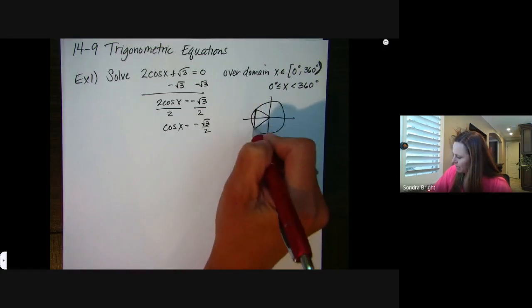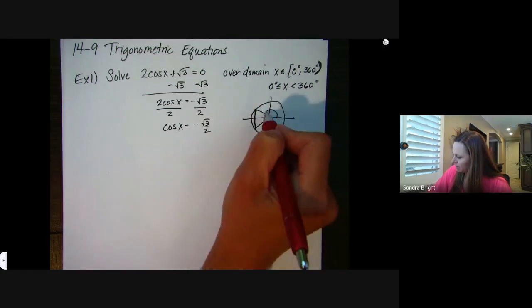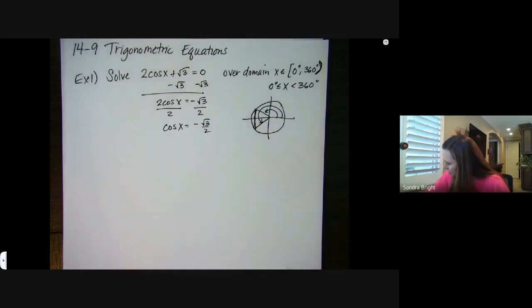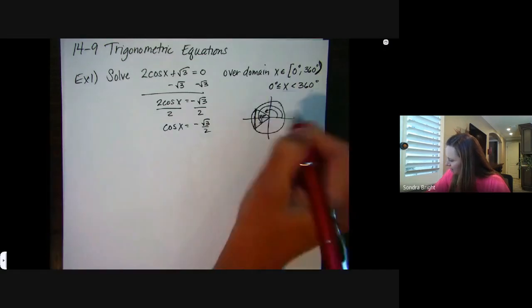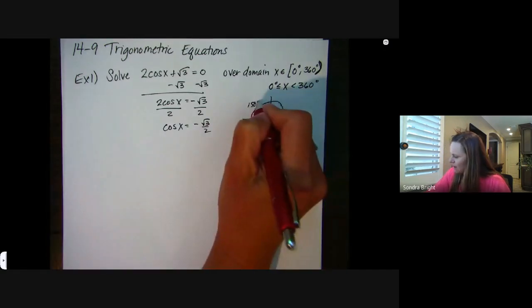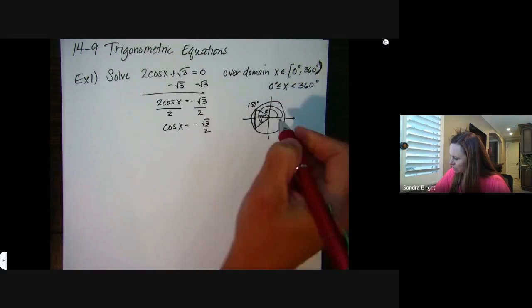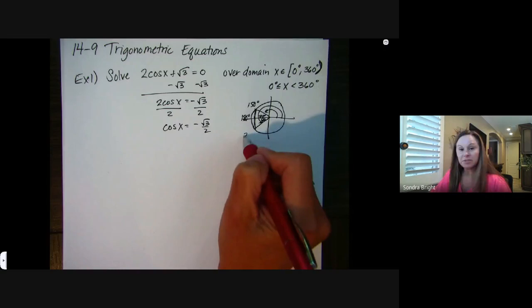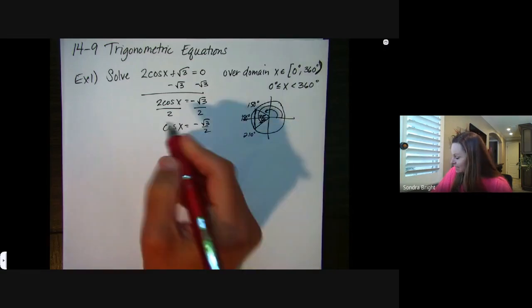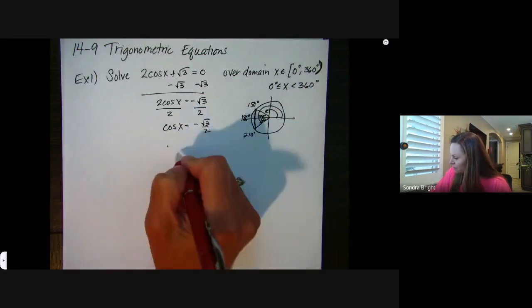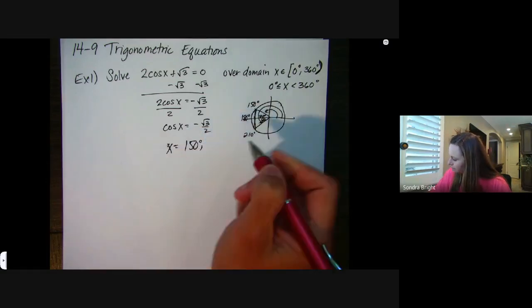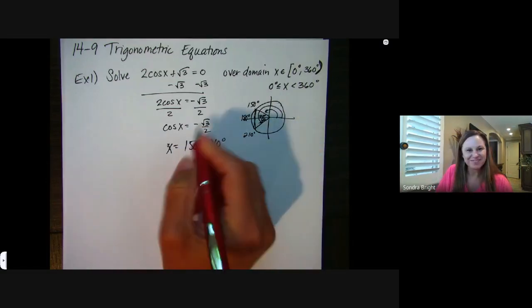Both of them have a 30-degree reference angle. So if that's 30 degrees, then this would be 150, and this is 180. Adding 30, because the reference angle is 30 there, would give you 210. So if cosine is equal to negative rad 3 over 2, then x is equal to 150 degrees and also 210 degrees. And that's your answer.